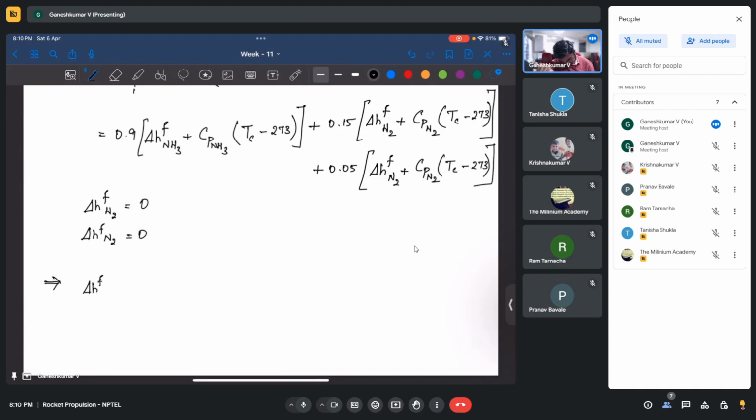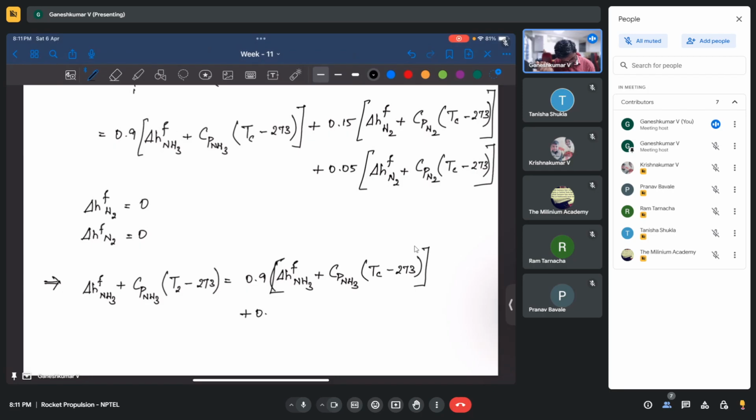Delta HF of NH3 plus Cp NH3 into T2 minus 273 is equal to 0.9 times delta HF of NH3 plus Cp NH3 into Tc minus 273, plus 0.15 into Cp of H2 Tc minus 273 plus 0.05 Cp of N2 into Tc minus 273.